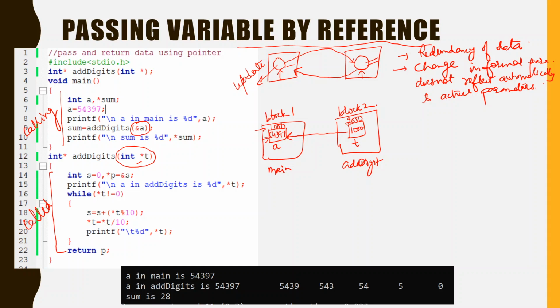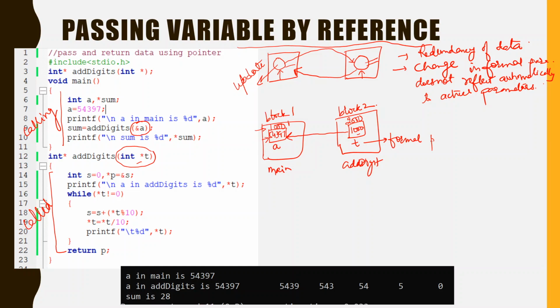The same rules apply here, but here we have used reference pointers to access the memory location of another block. So the address of block 1's variable, which is 1000, is passed to the called function, and the formal parameter of the called function has stored the address of the actual parameter.